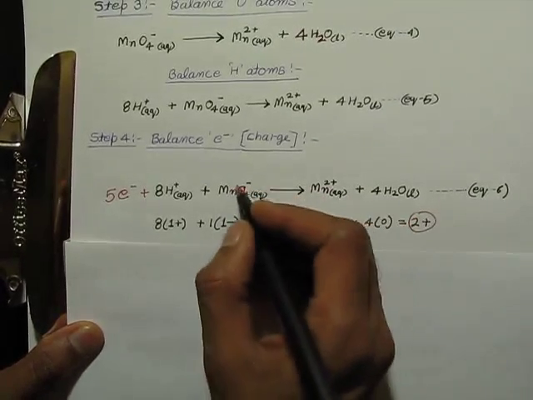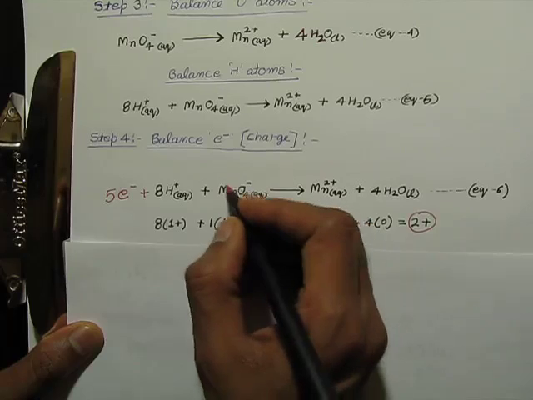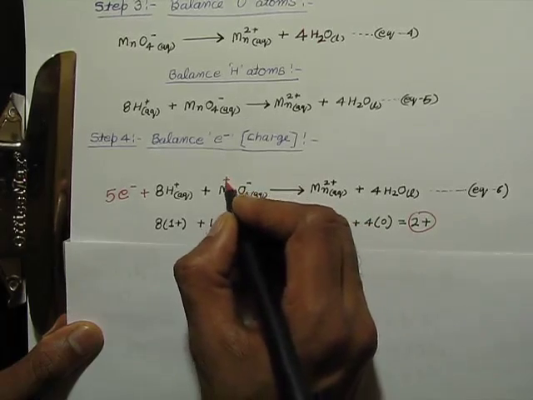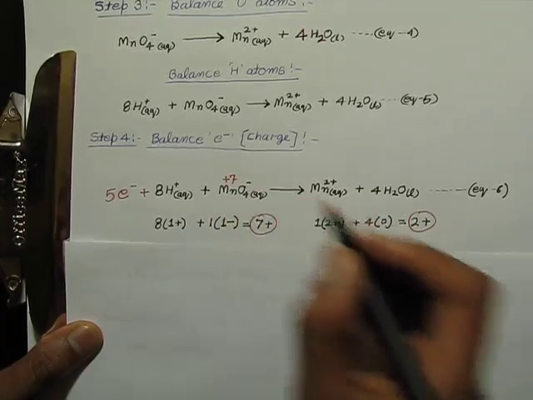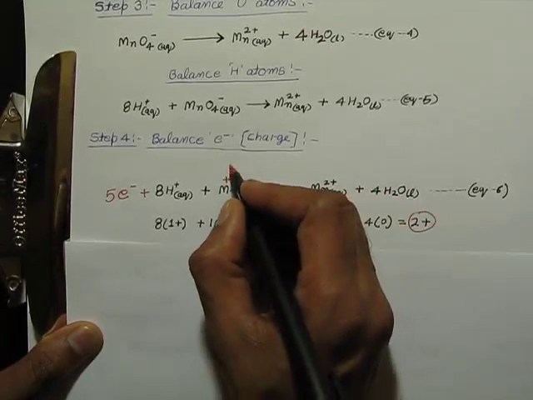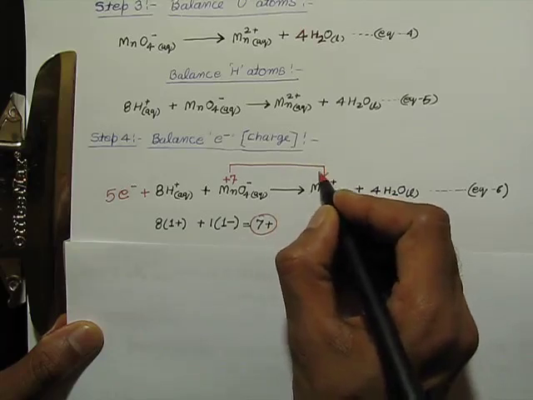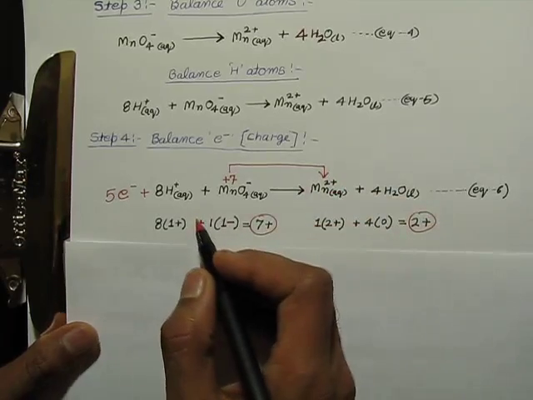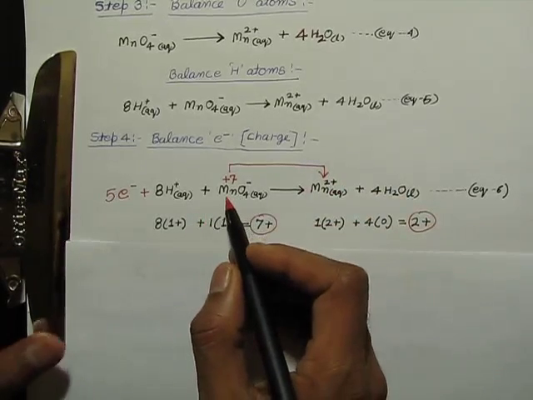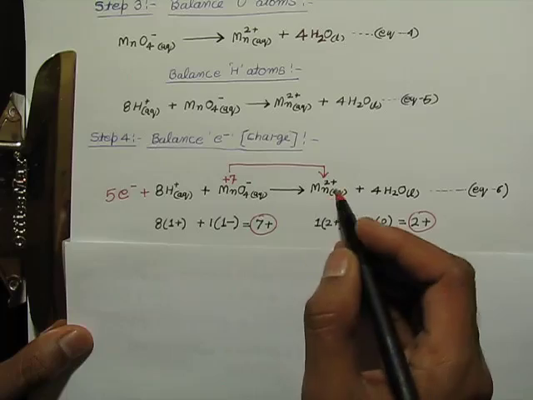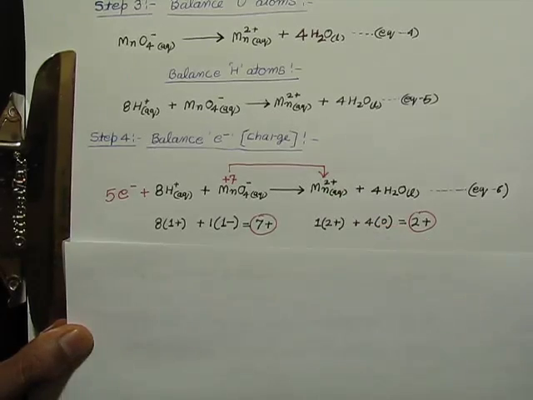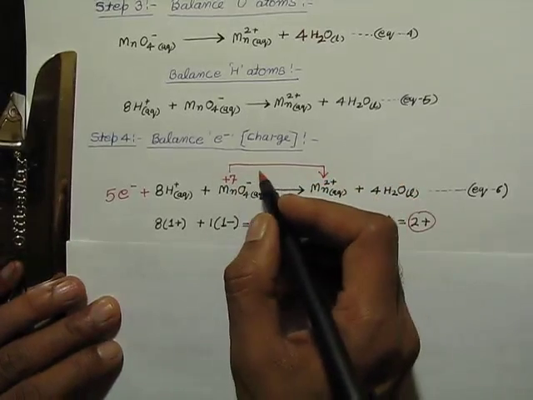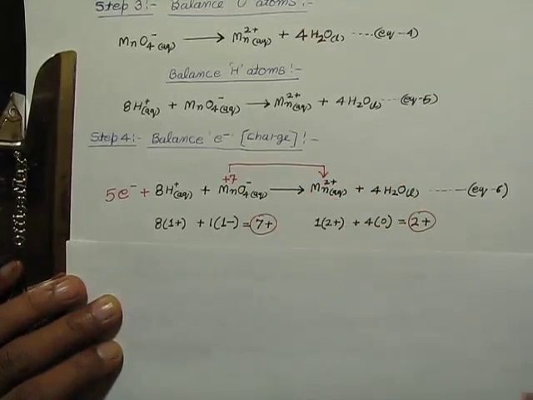If you calculate the oxidation state of manganese in the permanganate ion, it will be +7, and you can see it is converting from +7 to +2, right? +7 to +2. So it means it is accepting 5 electrons, then it is going to +2. So the oxidation state is decreasing, which means it is reducing into the manganese ion.